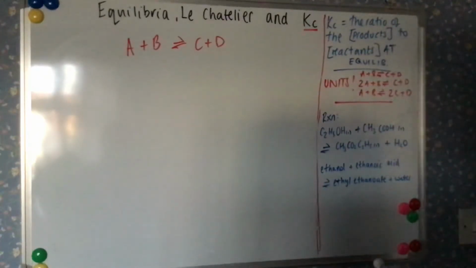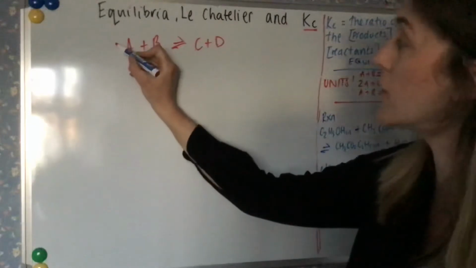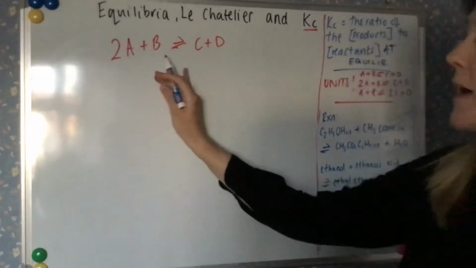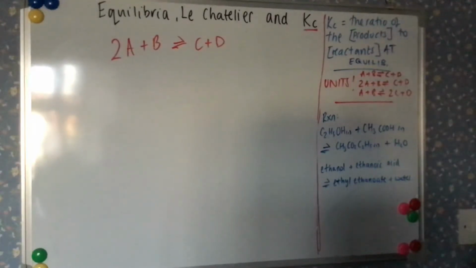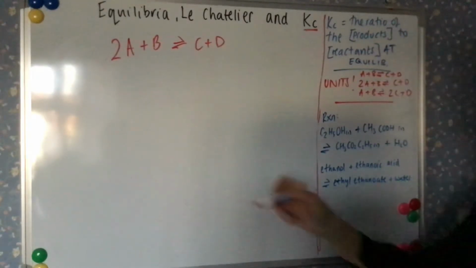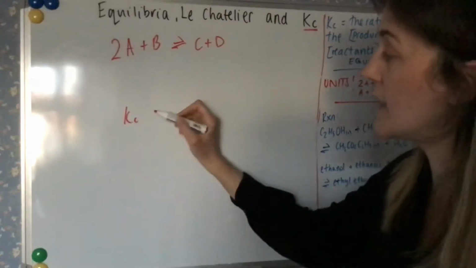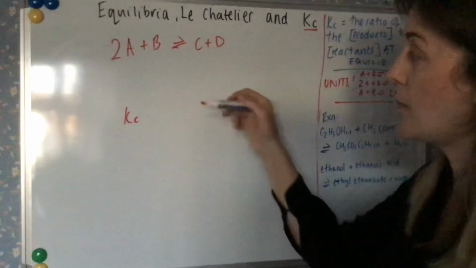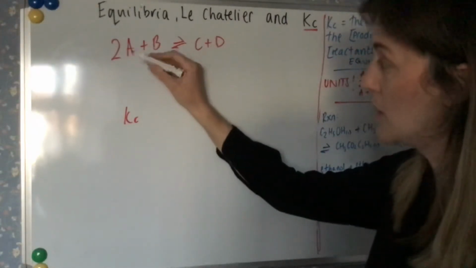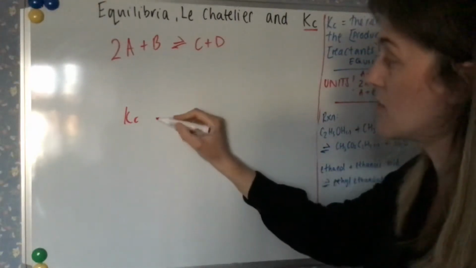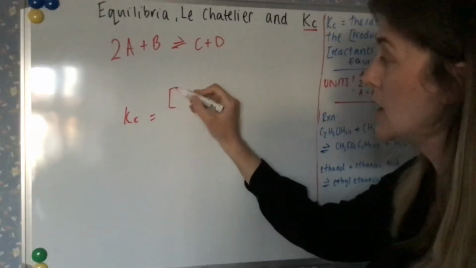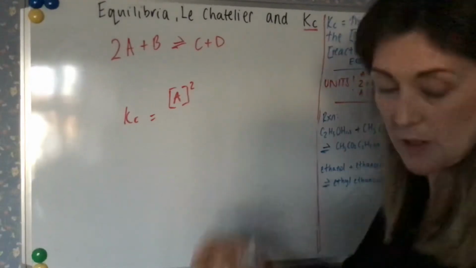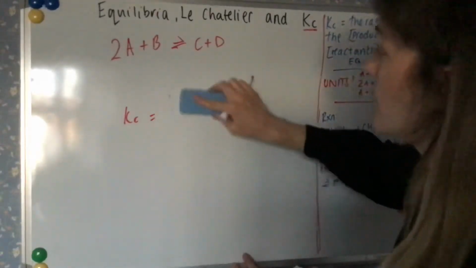Okay, so for the second one we're going to change the reaction: it's going to consist of 2A plus B goes to C plus D. So we construct the Kc expression exactly as before, except the molar coefficients become the power that the reactant is raised to. So, A raised to the power of 2, hang on, I've done that completely wrong.